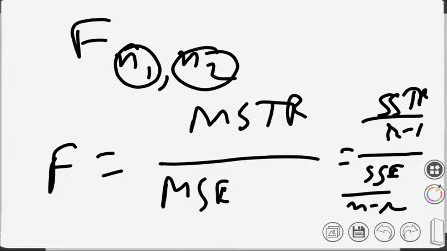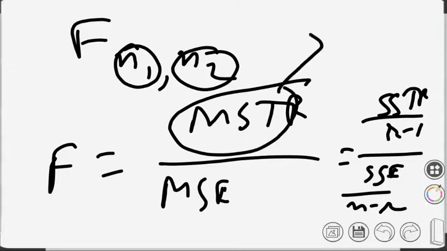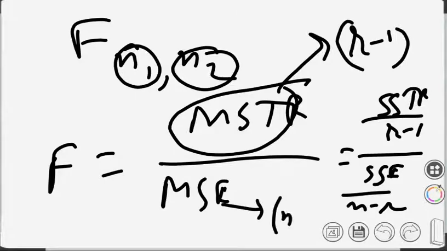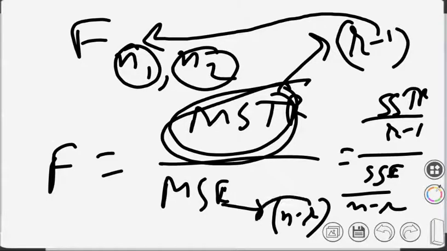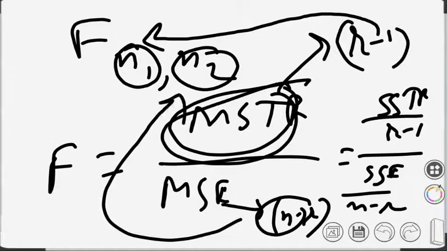So MSTR has degrees of freedom r minus 1 and MSE has degrees of freedom n minus r. Do you get it? That is why the degrees of freedom for the numerator is n1 and for the denominator is n2. Got it?